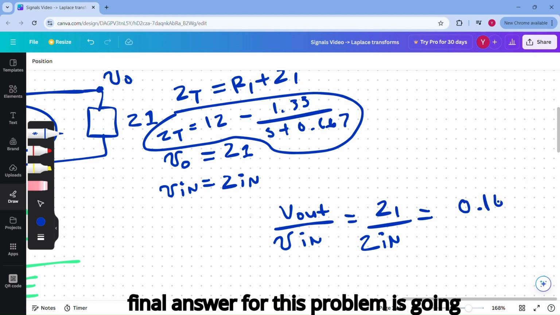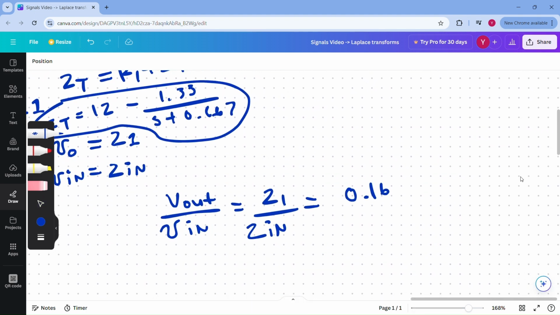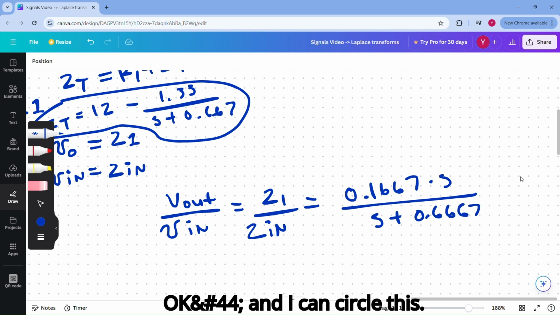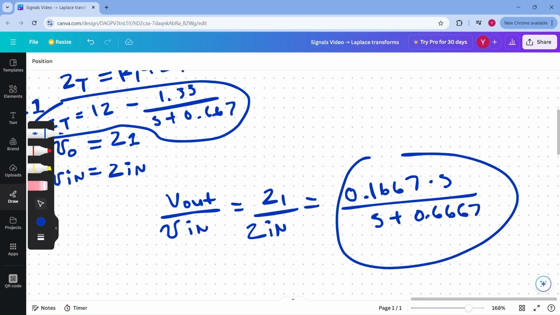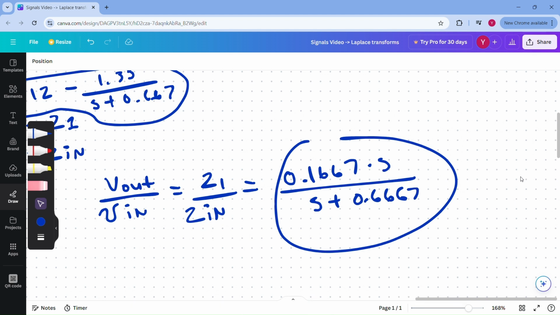My final answer for this problem is going to be 0.1667 times S over S plus 0.667. Okay, and I can circle this, and that is my voltage gain in this case.